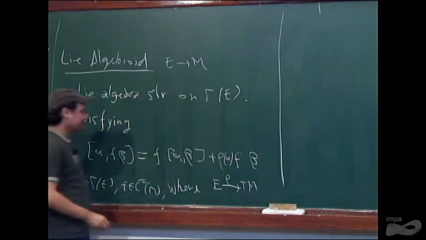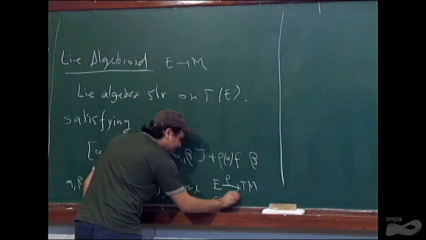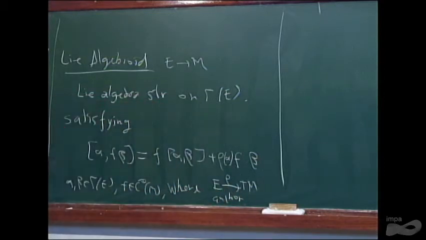That's called the anchor. So this is the definition of a Lie algebroid.